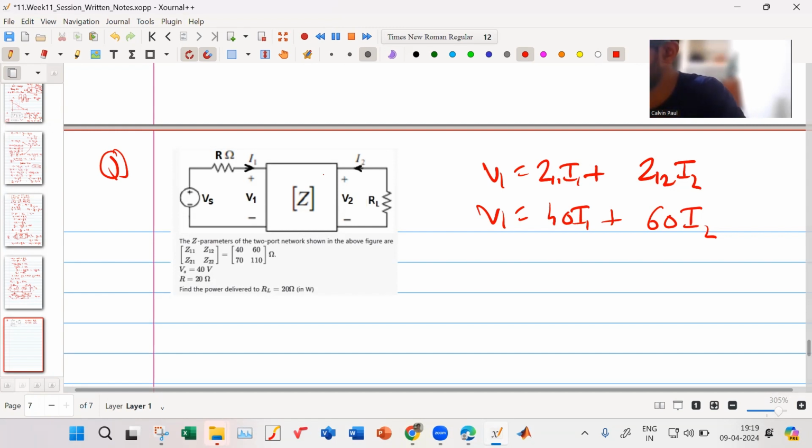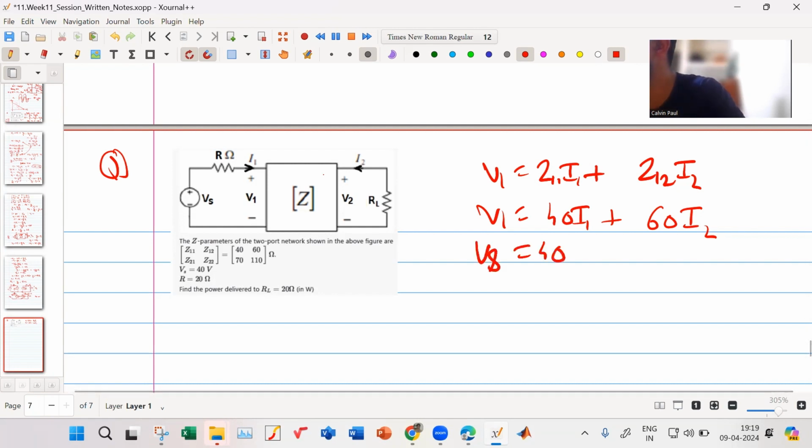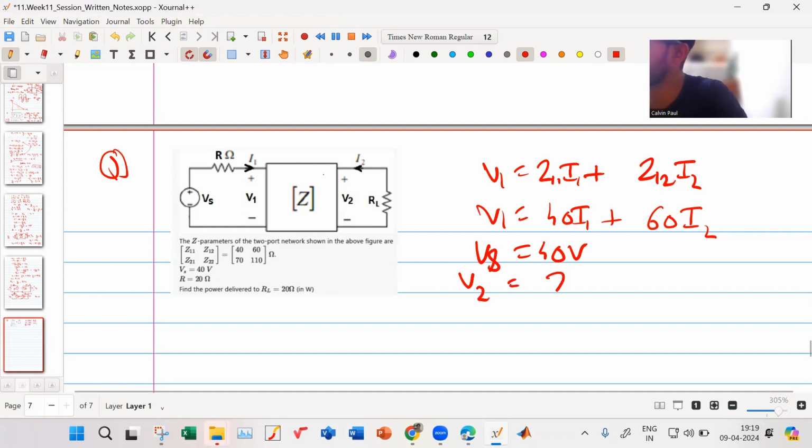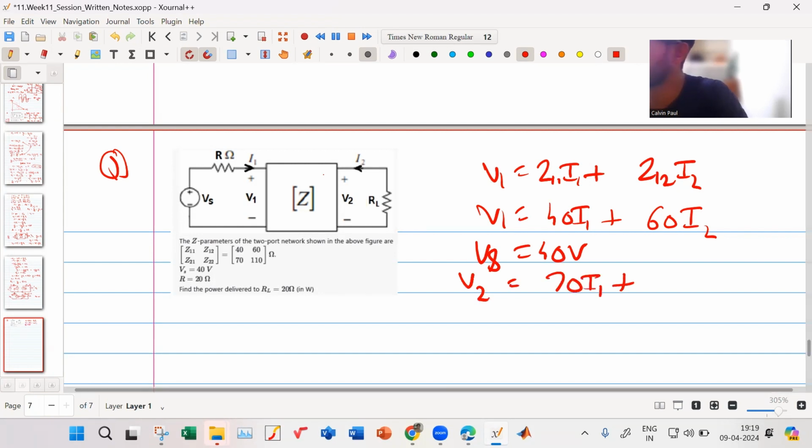Vs is 40 volt, given. Now I need to get V2, and V2 is equal to 70 I1 plus 110 I2.